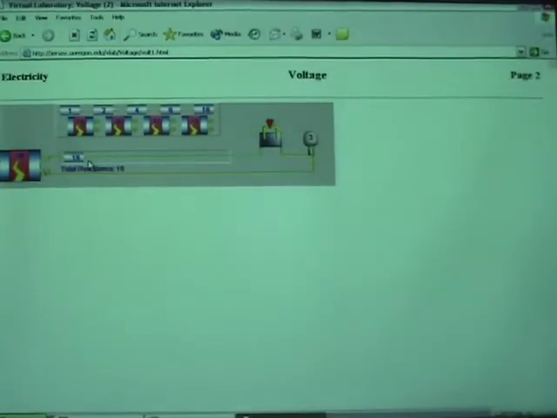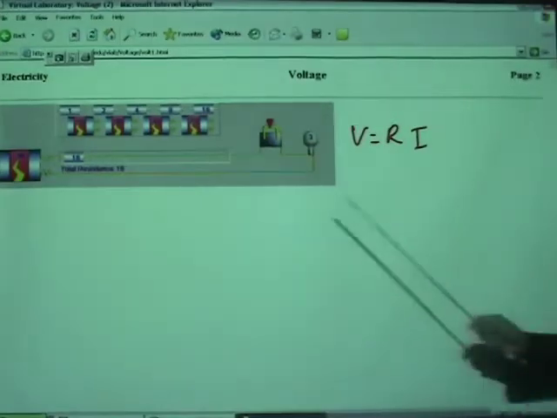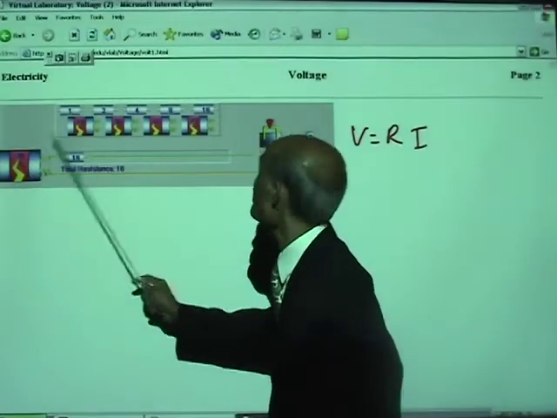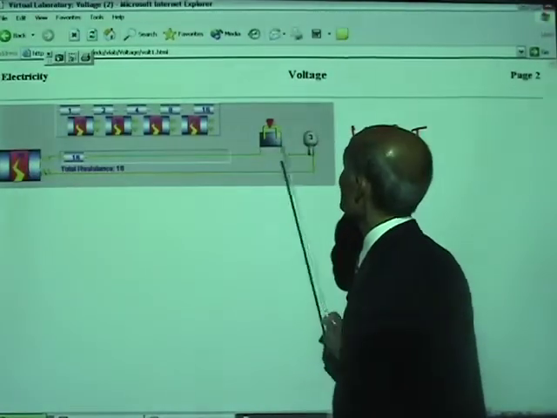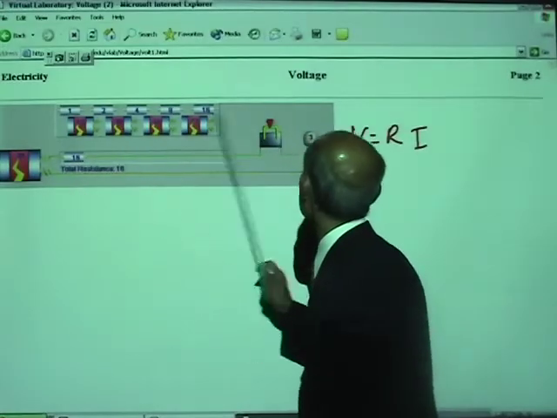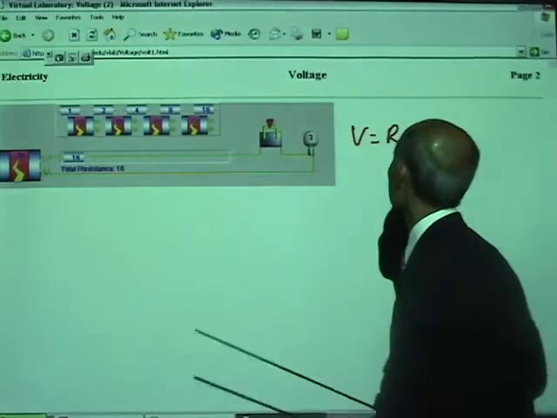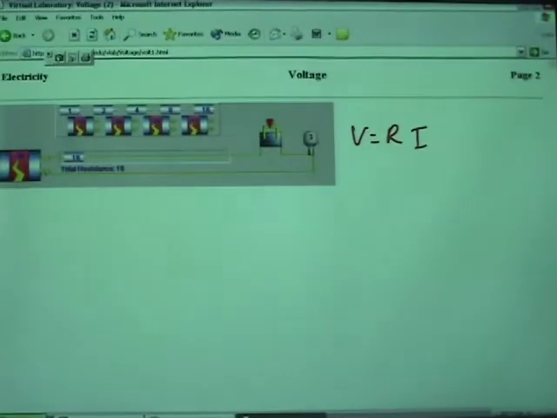Alright, now do you remember the Ohm's law equation we had derived? The Ohm's law equation is, tell me what it is, V equal to RI. Now what we have in here is the voltage is 36, the resistor value is 16. So can you calculate the current from here?